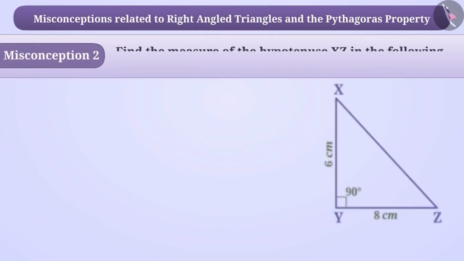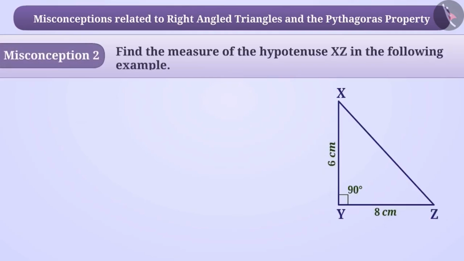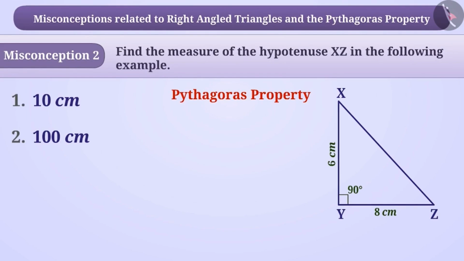Misconception 2. Find the measure of the hypotenuse XZ in the following example. Some children simplify it using the Pythagoras property. XZ square is equal to XY square plus YZ square.